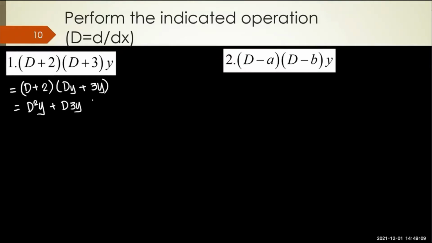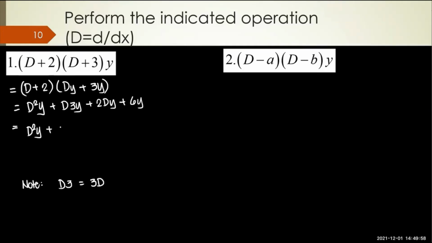3y. And then here, it's basically 2 times dy and then 6y. D3 is equal to 3D, because if they're just constants, you can just bring it out.